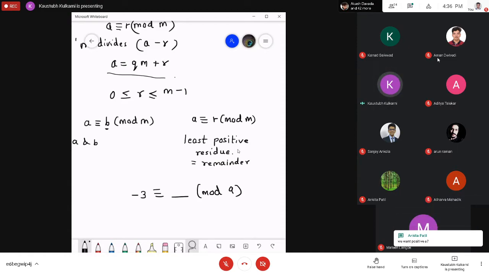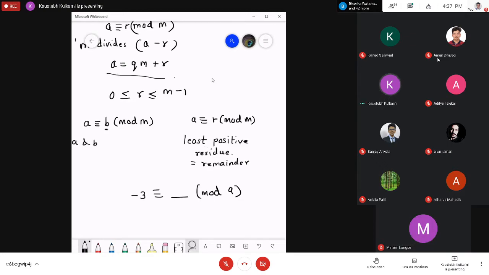No, there is no restriction on A. I only said when starting the lecture that M should be positive. Yes, 6 is correct. M should be positive, so your remainder will be a positive number between 0 and M minus 1. A, B can be anything.